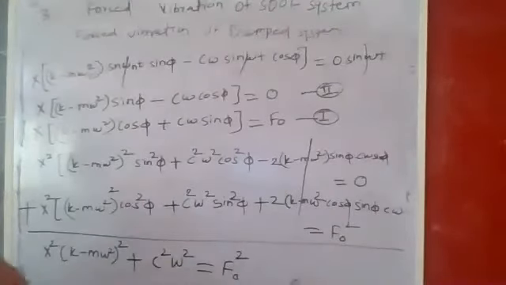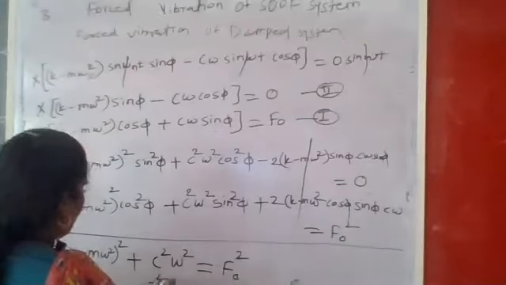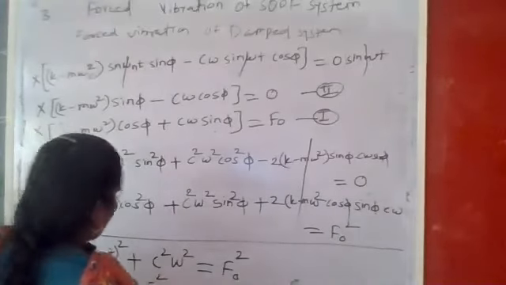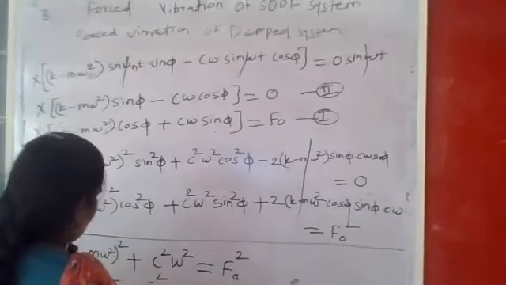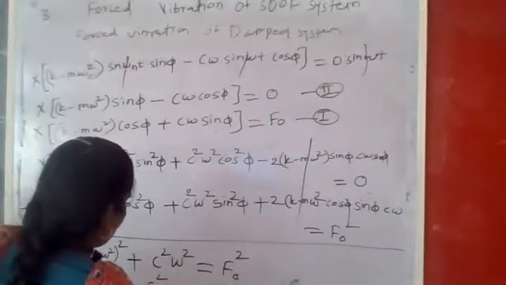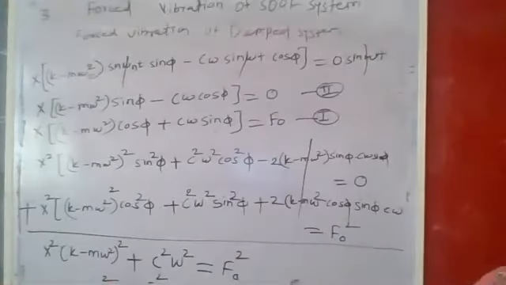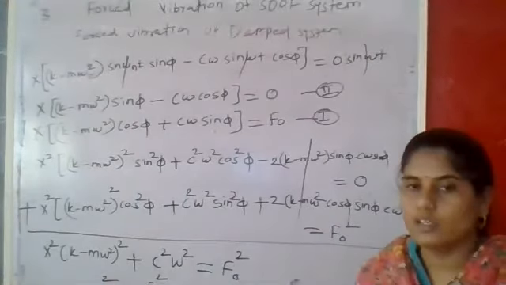And based on this, X square is equal to F naught square upon (k minus m omega square) bracket square plus c square omega square. Up to this we have completed; whatever is the remaining part, we will see in the next lecture. All of you write down this.